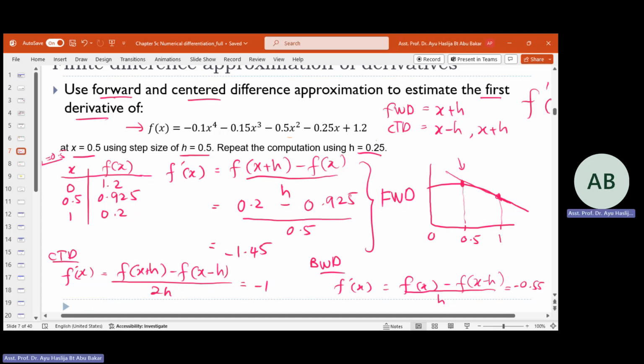What is the true value? Negative 0.9125. Okay, how to find the true value? You must differentiate the function first. Find the fx, f prime x.